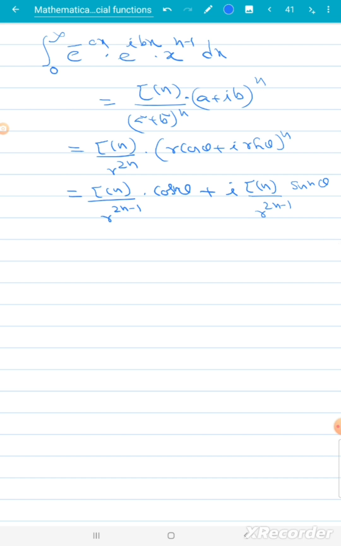Now comparing the imaginary parts and real parts, the integral from 0 to infinity of e power minus ax into e power ibx, meaning cos bx plus I sin bx, into x to the power of n minus 1 dx is equal to gamma of n.